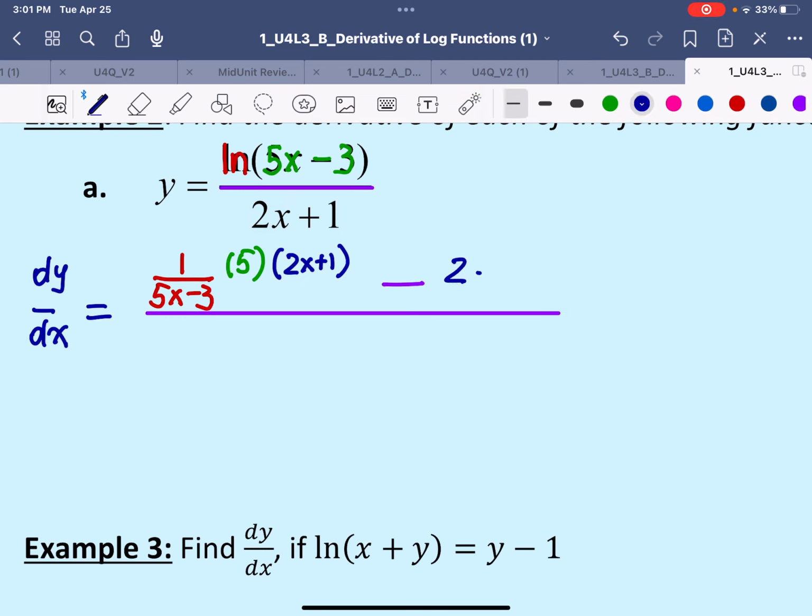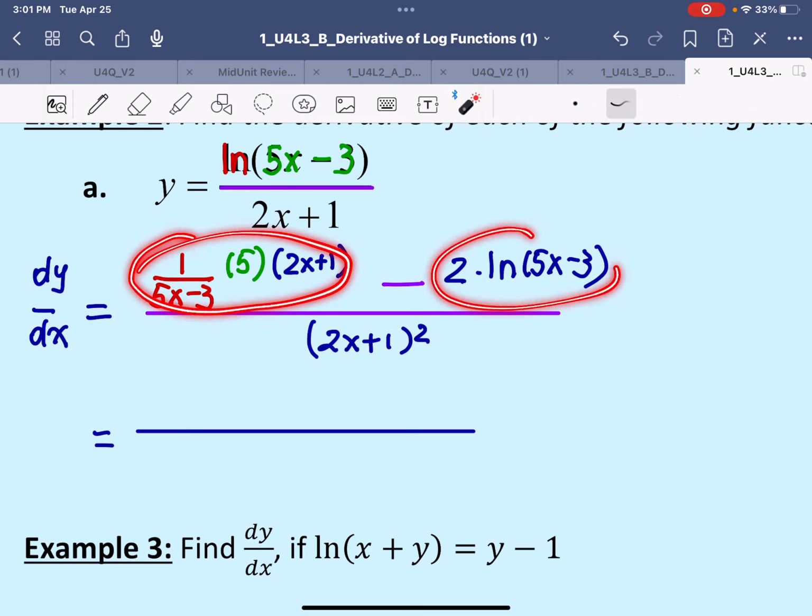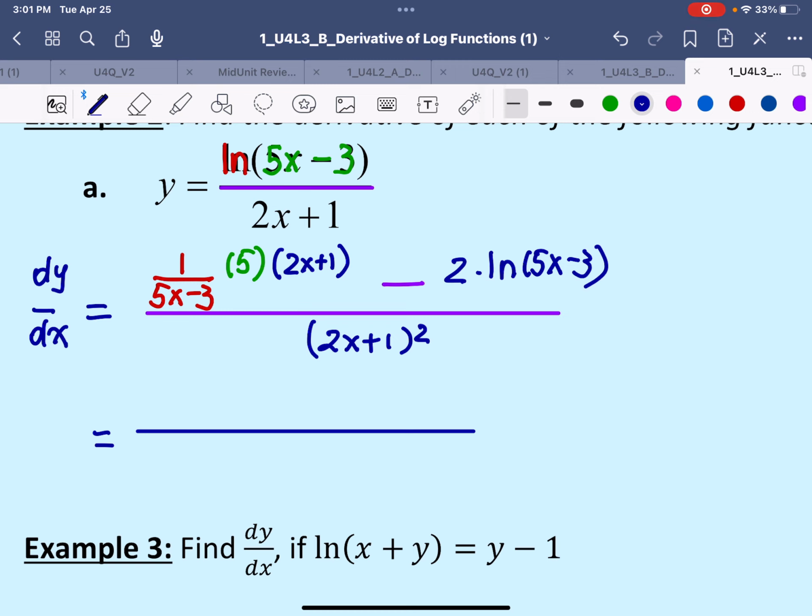Multiply that by ln of 5x minus 3, all over (2x plus 1) to the power of 2, equals a big fraction line. So we're going to bring these two together to write it in a cleaner, neater form.